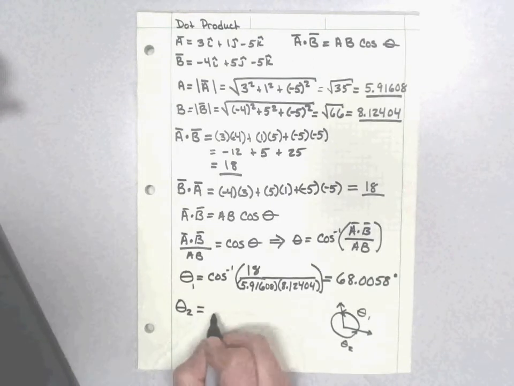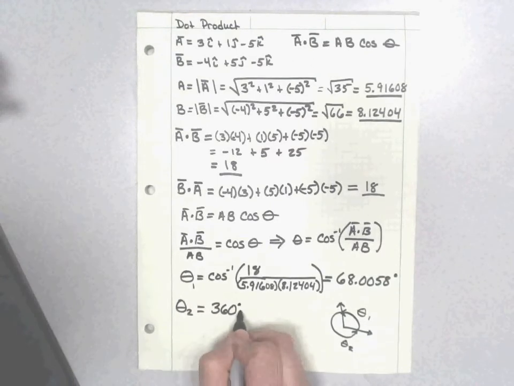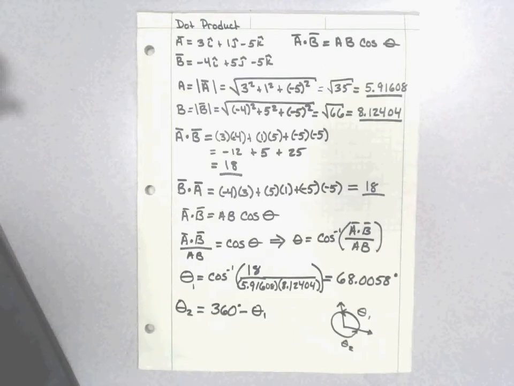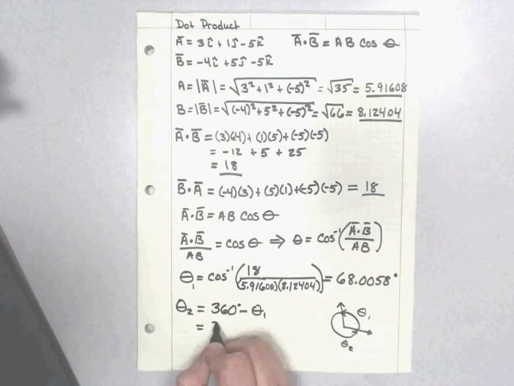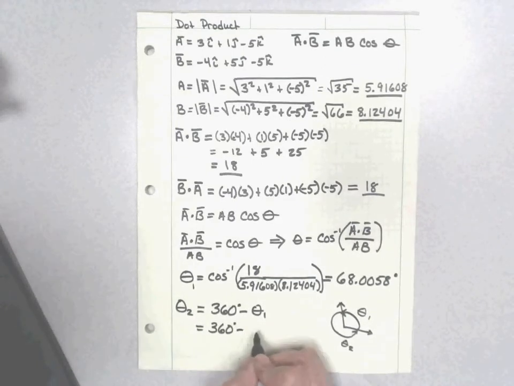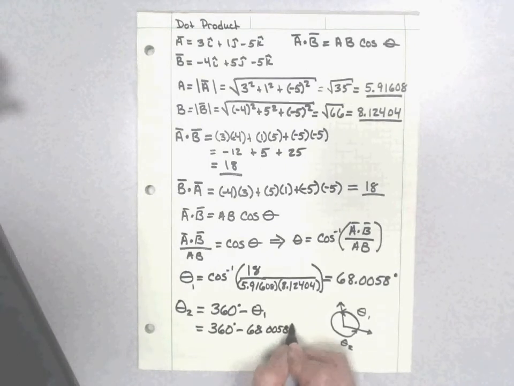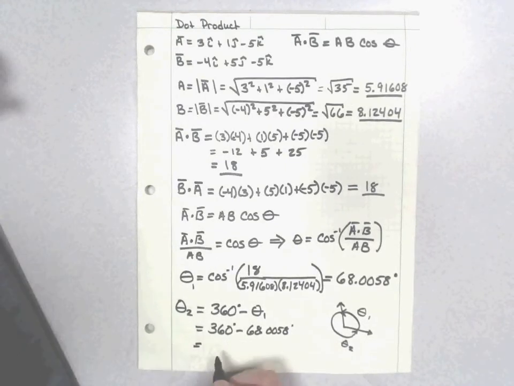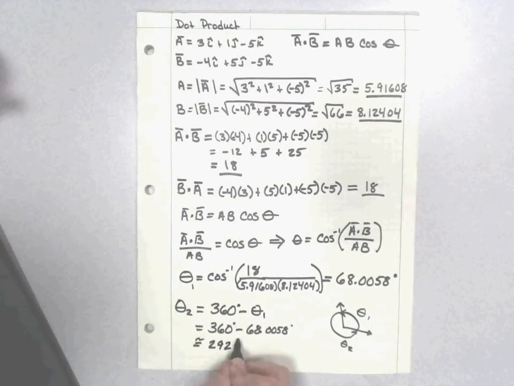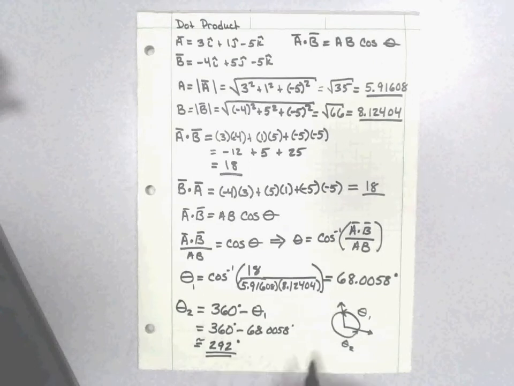To find theta 2, we need 360 minus theta 1. Which in this case we have 360 minus 68.0058. So our second angle is approximately 292 degrees.